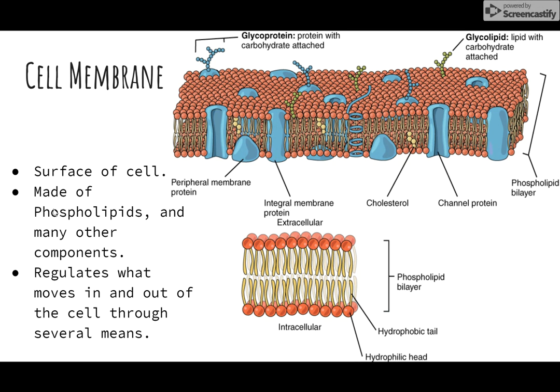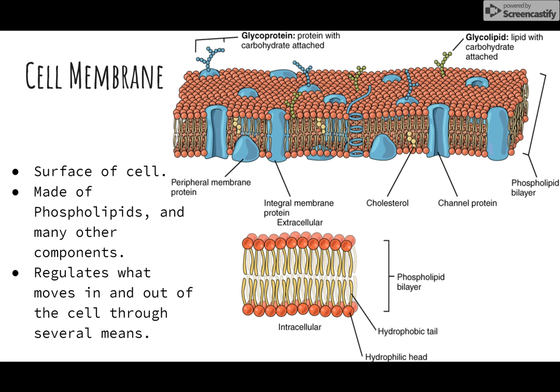So lots of components make up the cell membrane. But I want to focus on the phospholipids because phospholipids are a really interesting molecule. They have two components: a hydrophilic head and hydrophobic tails. When we say something is hydrophilic, we mean that it can interact with water.